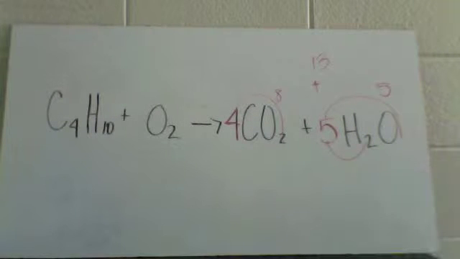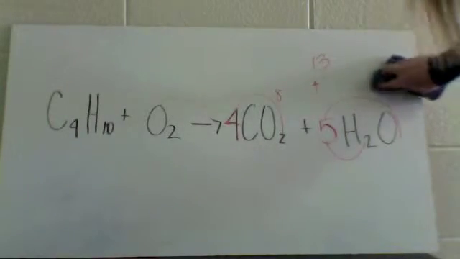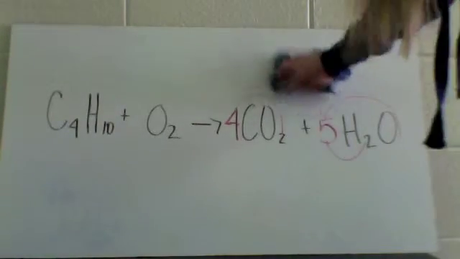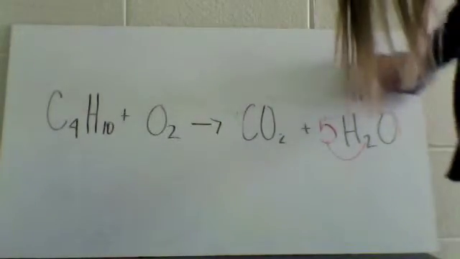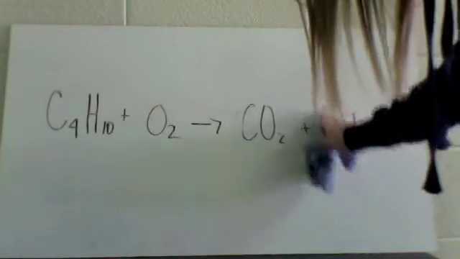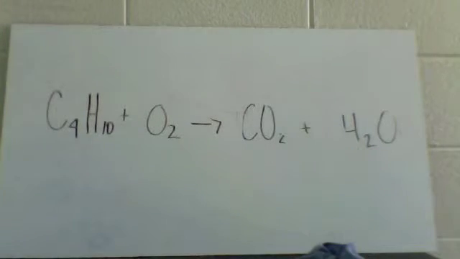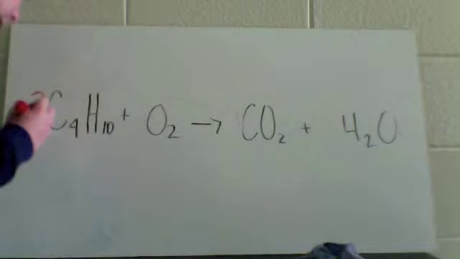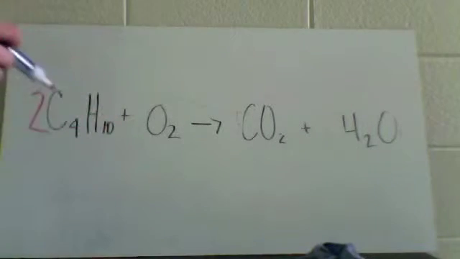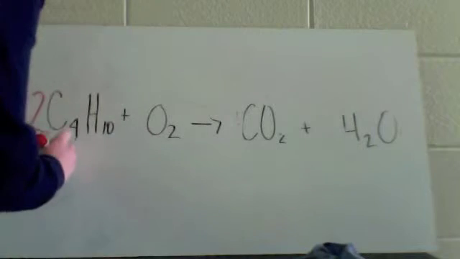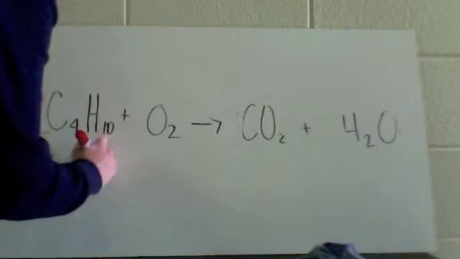So what you'll have to do is erase these and put a 2 in front of the C4H10, and that'll double the whole equation. So then you'll have 8 and 20.